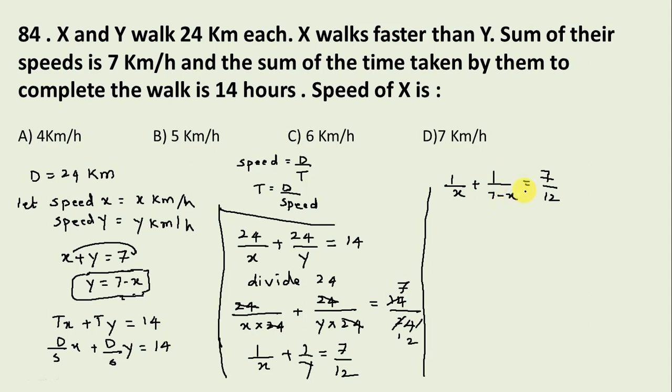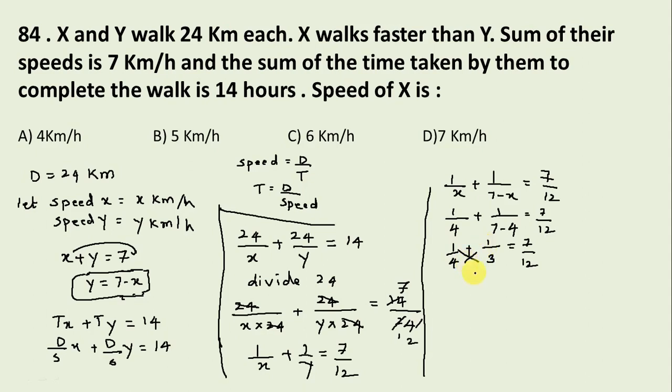This is the expression. Here we can solve this expression in two ways. First we can put the options here, and the second is by resolving these expressions. The first method is a little bit easy. First we put 4 for x. 1 by 4 plus 1 by 7 minus 4 is equal to 7 by 12.